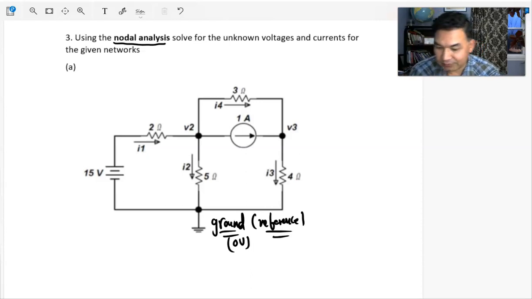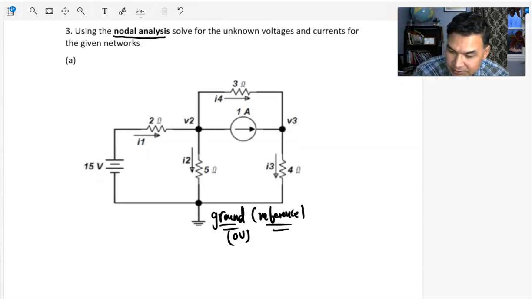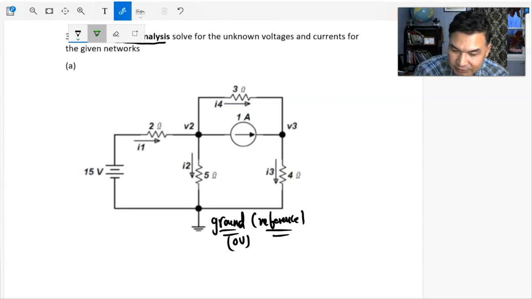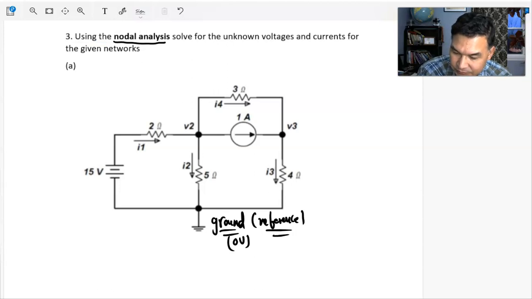Ground connection or reference. So in nodal analysis, your first job is to figure out all the unknown nodal voltages. And once you calculate the unknown nodal voltages, then you can find all the currents. So how many unknown nodal voltages do you have in this circuit? Just 2.